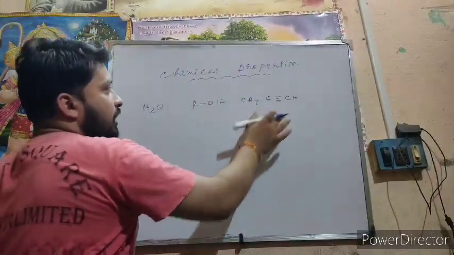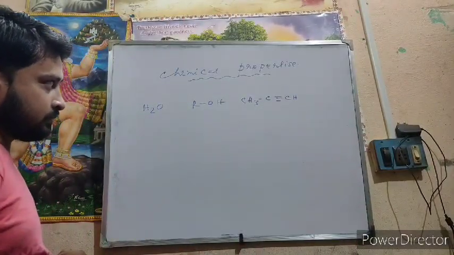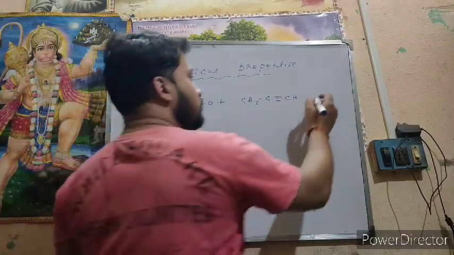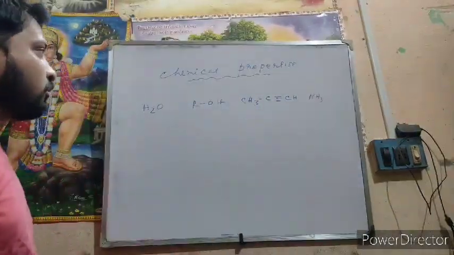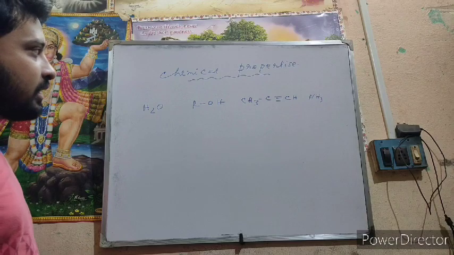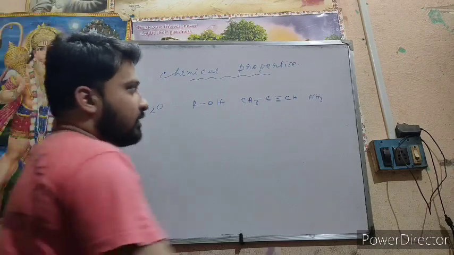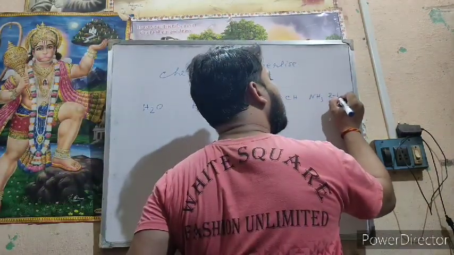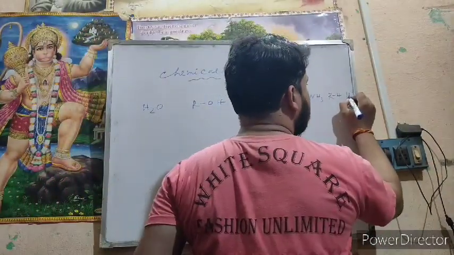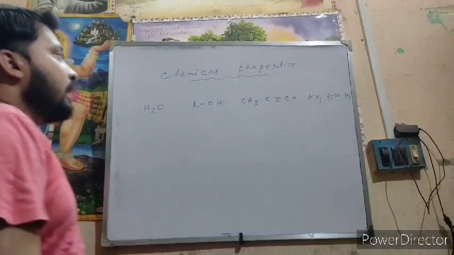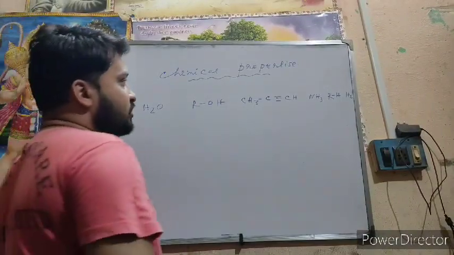If you compare those three, which is more acidic? Or then you take NH3 and compare those four according to their acidic nature. Then you are given RH as well as H2. So compare those according to their acidic nature.